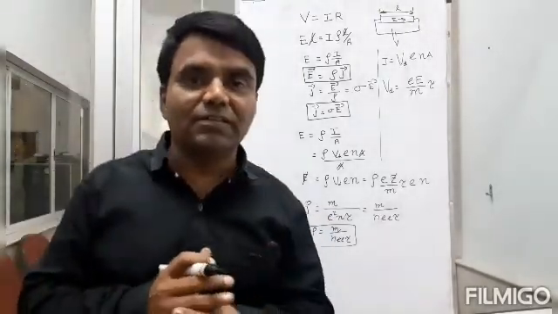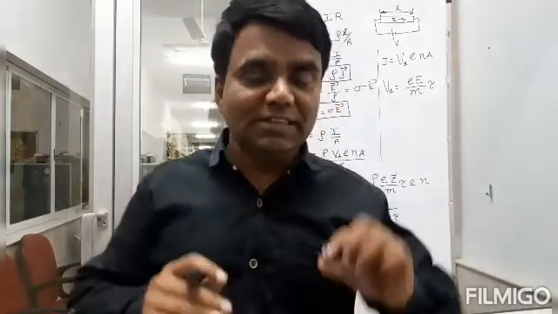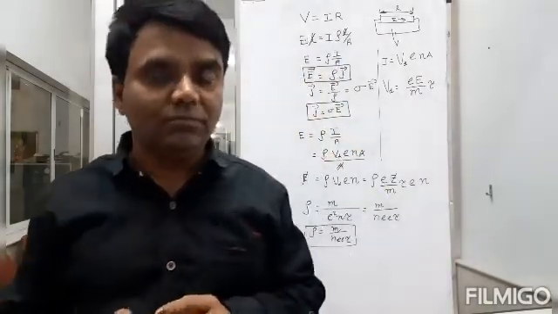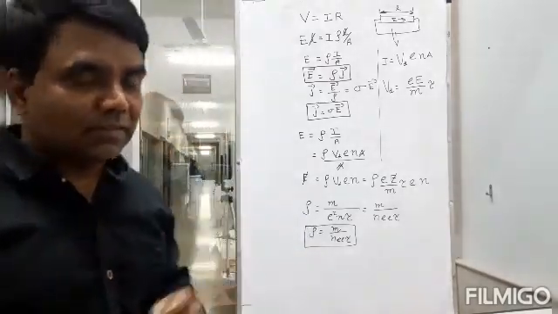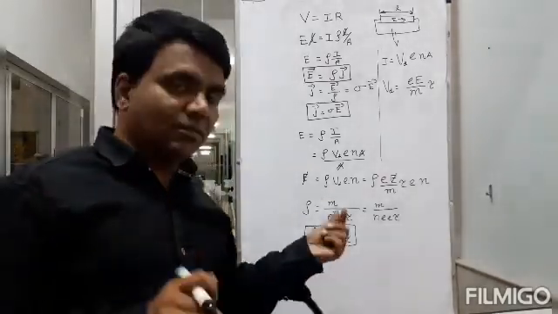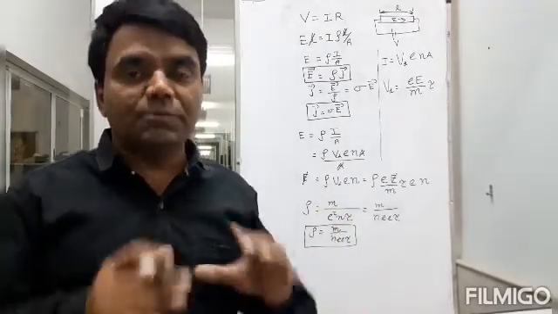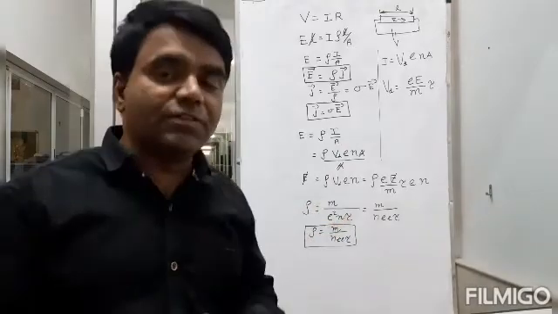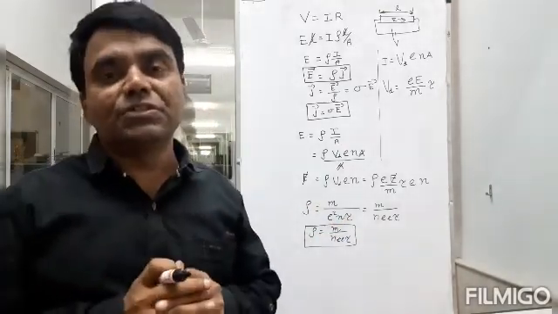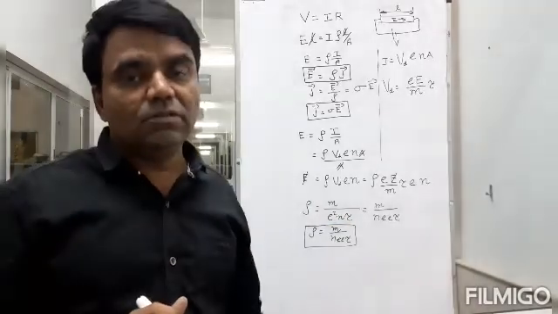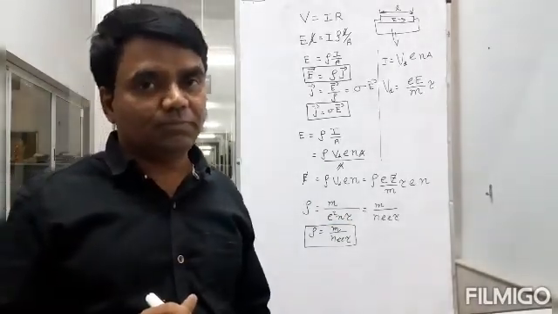And that is why, as temperature increases, the resistivity of the material increases. And when a material has more free electrons per unit volume, the resistivity of the material decreases. So this gives you an idea as to how this works.